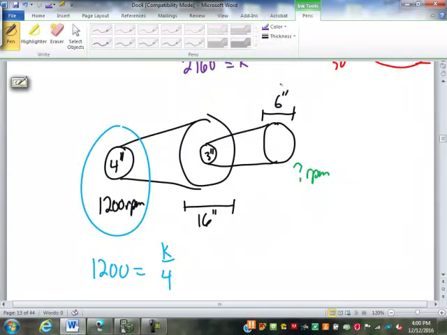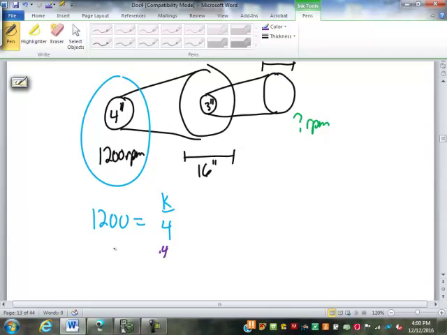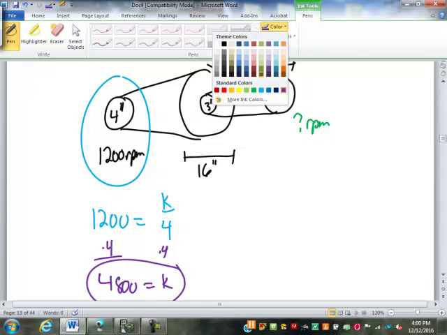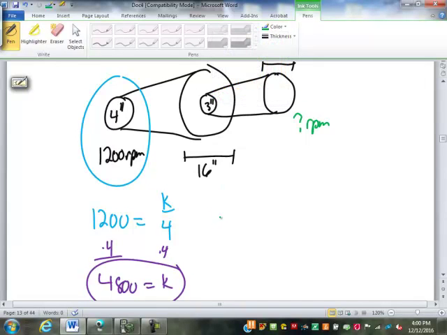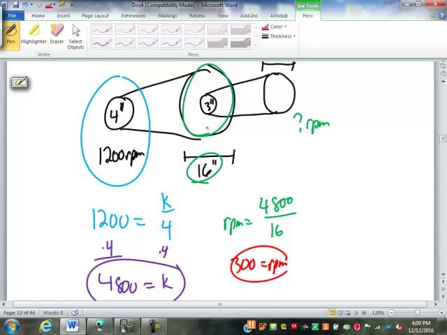So we multiply by 4 there. 4,800 equals K. So jumping to this next pulley, the RPM is equal to 4,800 divided by what? 16. We divide that out, we're going to get 300. This is the RPM.